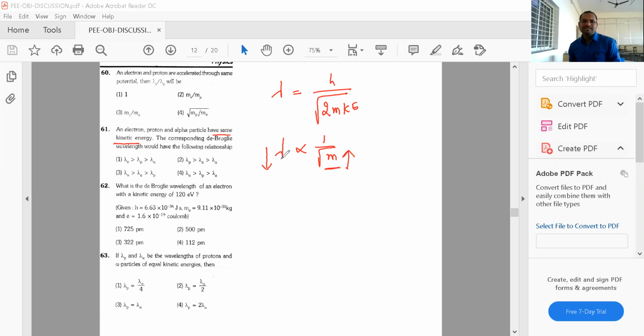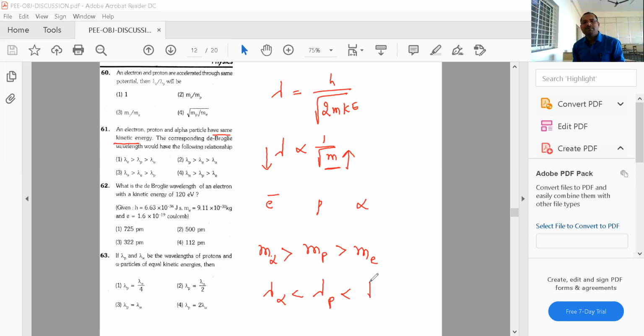See, we know what they are given: an electron, a proton, and an alpha particle. So we know the mass of alpha particle is greater than the mass of proton, which is greater than the mass of electron. If mass is more, wavelength will be less. Means wavelength of alpha is less than wavelength of proton, which is less than wavelength of electron.